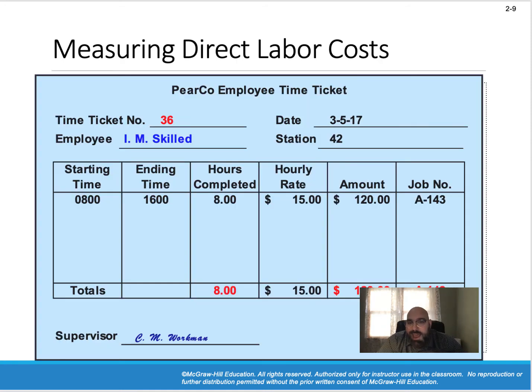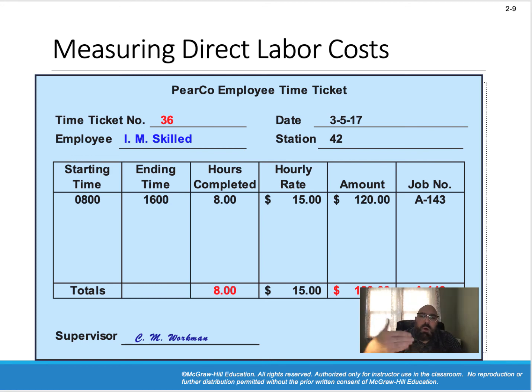The next thing that we need to allocate is obviously direct labor. So how do we allocate direct labor? Meaning, where do we get our information from? Well, we use time cards. You can see here on the slide, we have a Pear Company employee time ticket. This employee, apparently his name or her name is I Am Skilled, and they are number 36.